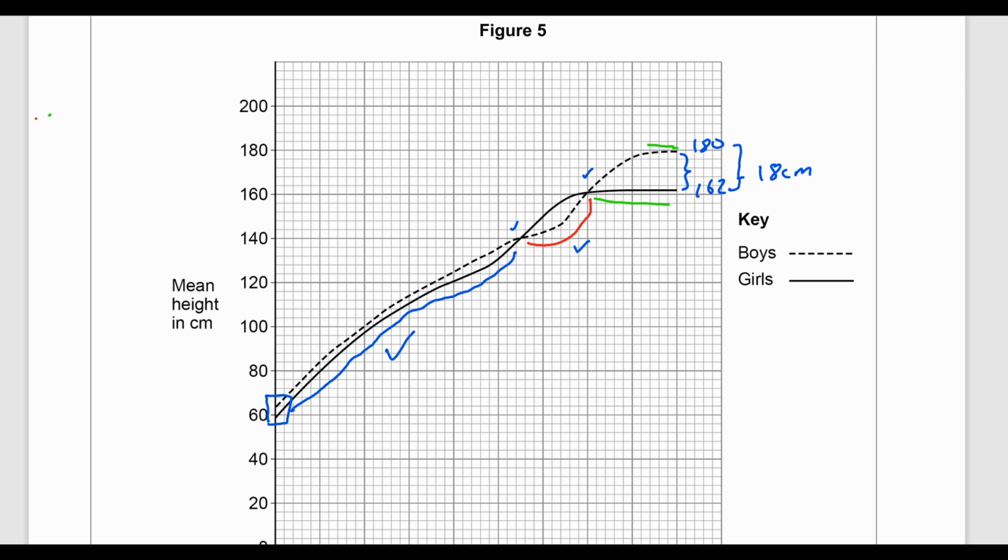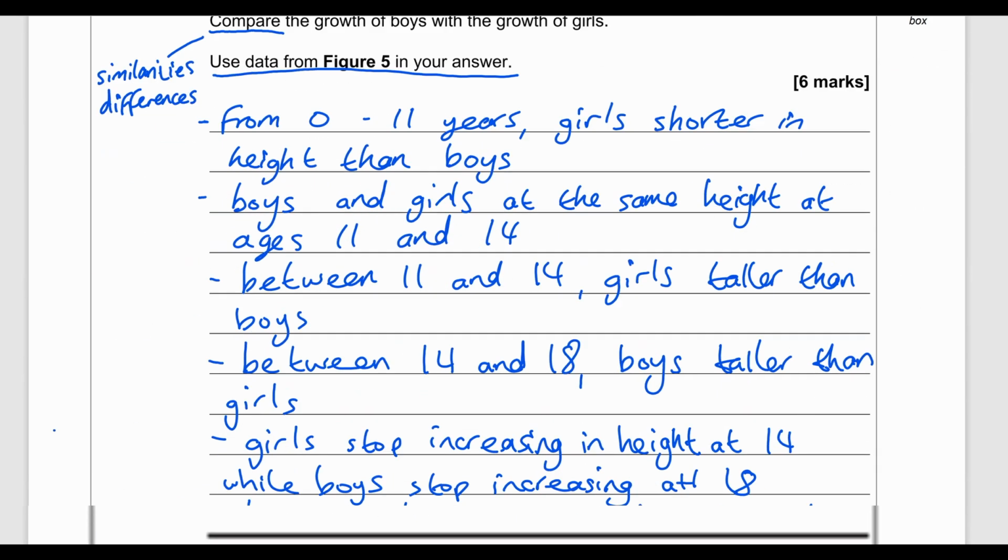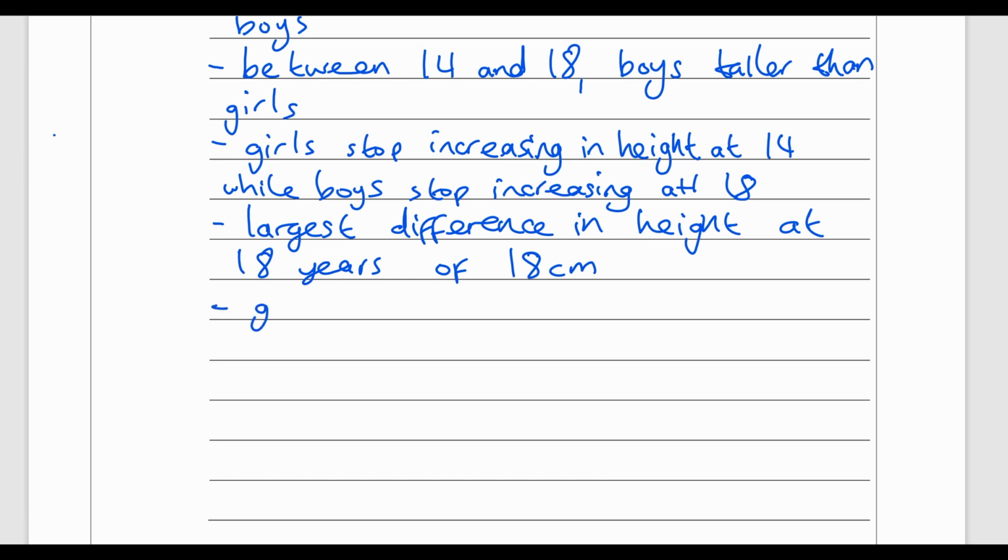Because the graph for girls is steeper than for boys, the girls are growing faster at that point compared to boys. So we can say that girls grow faster between ages 11 and 14 compared to boys.